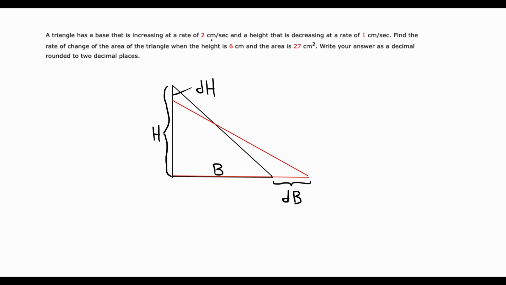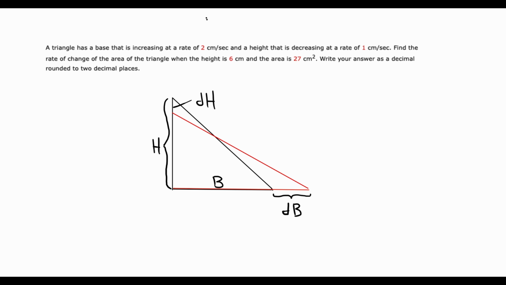Now they give us a few things in this problem. They tell us that dB over dt, the change in base with time, is going to be 2. And then they tell us that the change in height with time is going to be 1, but it's a negative 1 because it is decreasing.